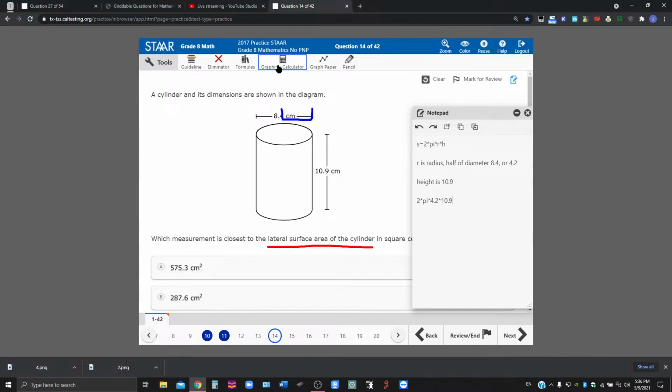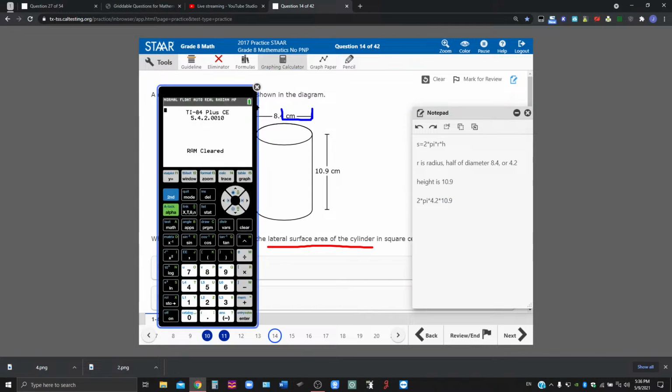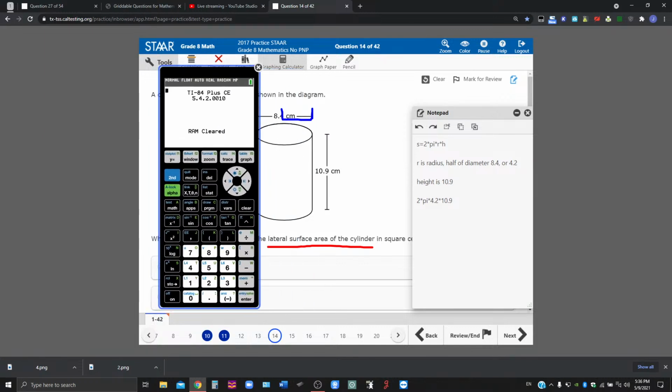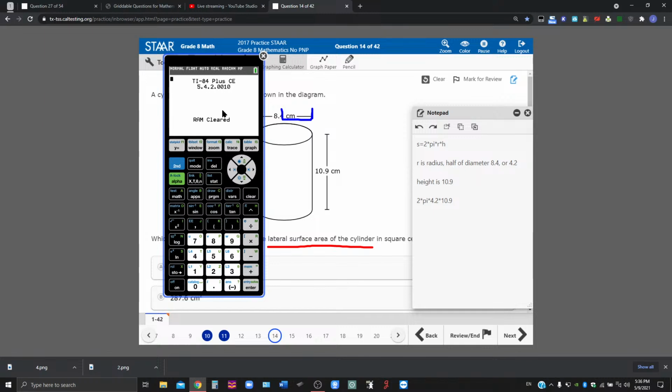The calculator is also on the screen, graphing calculator. Just know that this is a different model. You probably have been using the TI Inspire, and this one on the screen is a TI-84. It's not as new as the TI Inspire, but believe me, it's good enough.